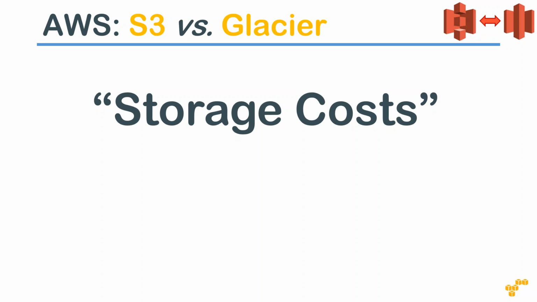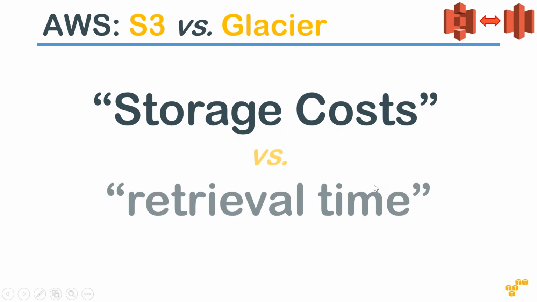The first question you are going to ask is what storage cost your client is willing to spend against what retrieval time your client is willing to accept. What is more important to them when they are talking about storage? Based on that, you are going to recommend the appropriate storage for your clients. That is one of the most important criteria for selecting storage classes.